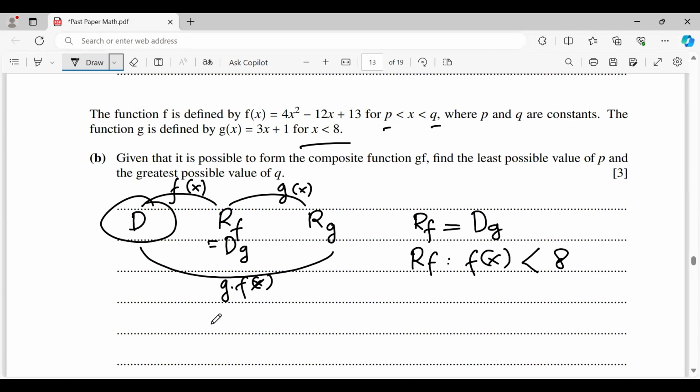So if fx less than 8, it means 4x squared minus 12x plus 13 less than 8. It's going to be 4x squared minus 12x plus 5 less than 0.